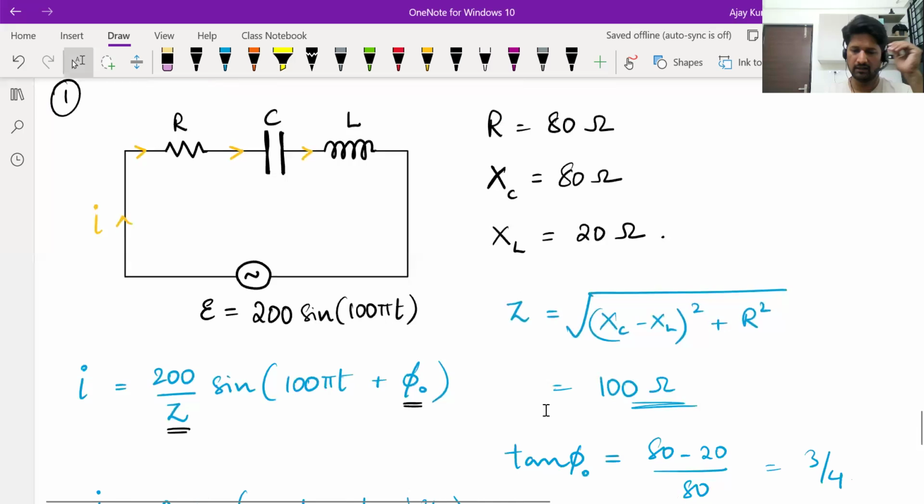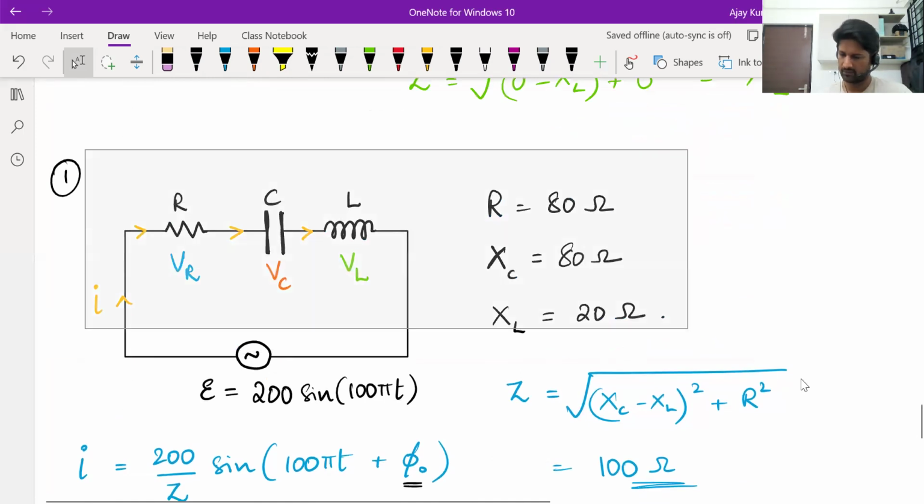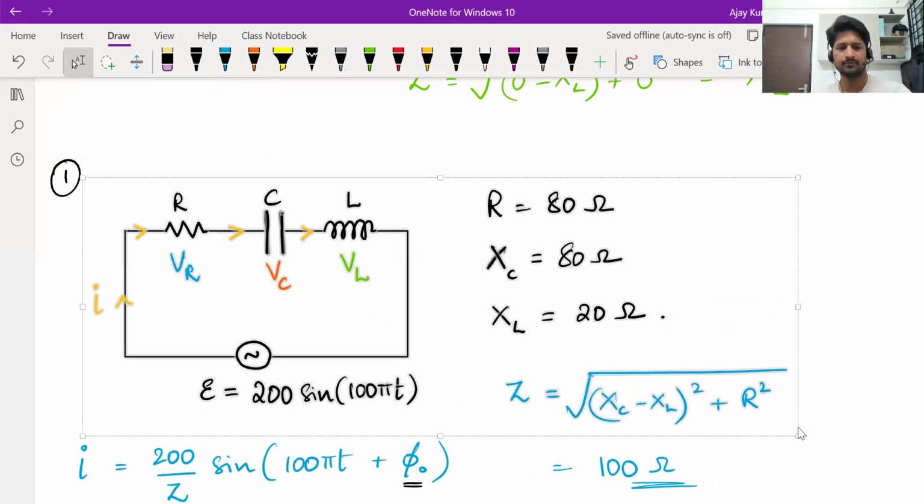Once you derive the current, you can write expressions for the voltage across the resistor, the capacitor, and the inductor. Okay, let us do that in this problem itself. I'll copy this circuit, or actually these values are what we need. Fine, let's copy both.